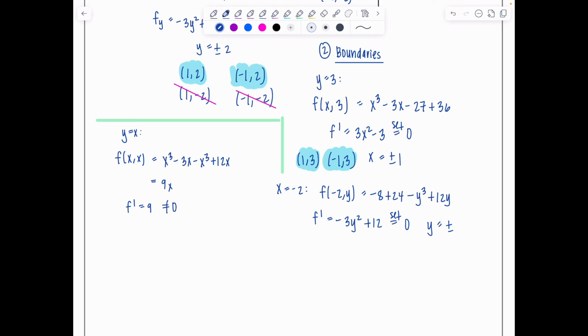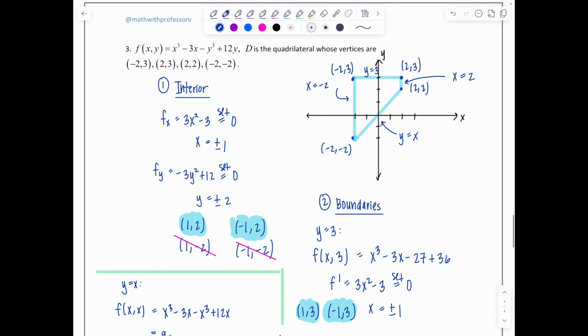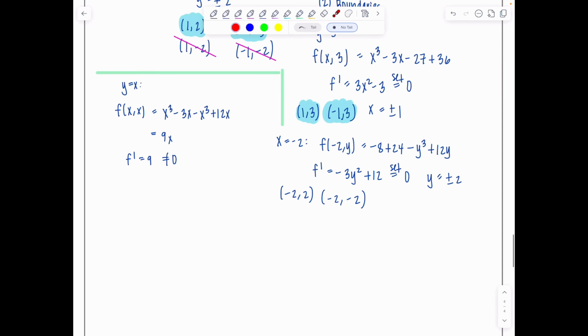So y is plus or minus 2. And that came from assuming x is -2. So we've got -2, 2, -2, -2. Are those both on there? -2, 2, -2, -2. That's actually a corner, but whatever, that's fine. Okay. Sure, you guys are good to go.